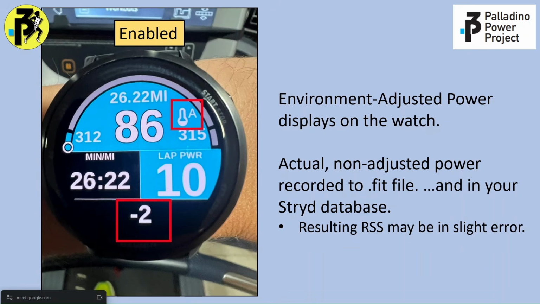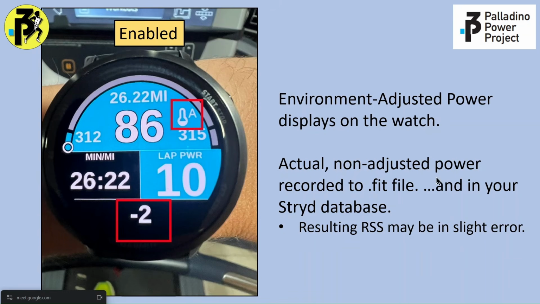Your running stress score is likely to be about 2% lower than what you actually did, right? So there may be some error in running stress score, and we can't really correct that, at least in the Stryd ecosystem. That's not corrected, just so you're aware.